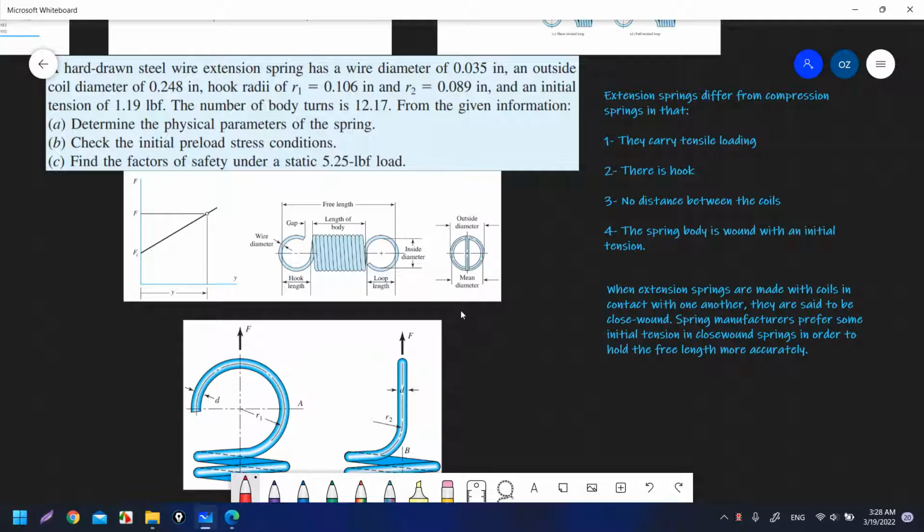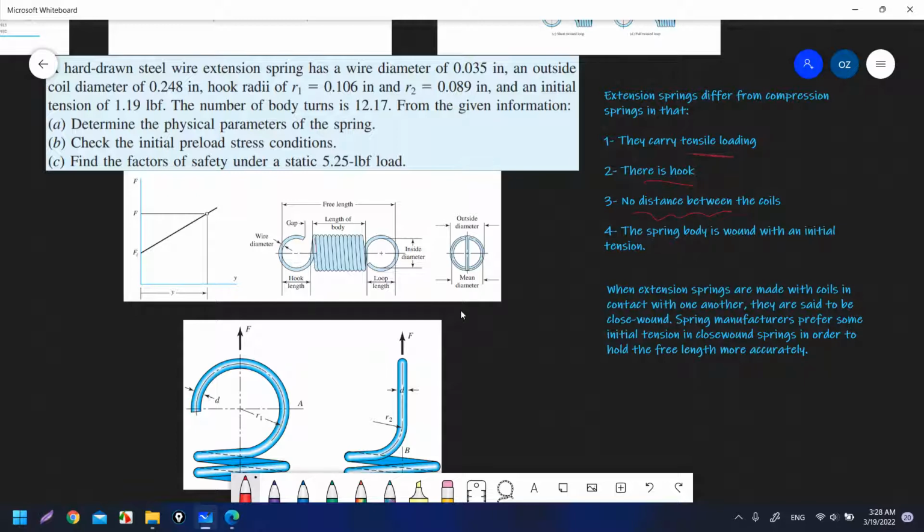In order to apply this load, we need to have a hook. So that is the second difference. The first difference is that we have a tensile loading, we apply a tensile force, and we apply this tensile force on a hook. And also there will be no distance between the coils.